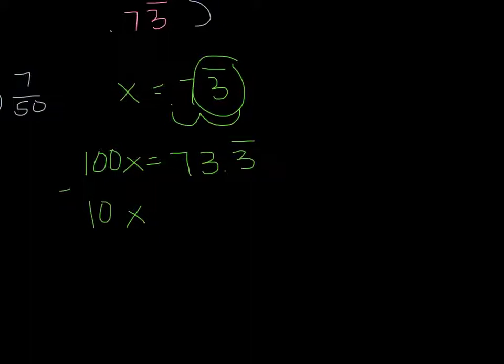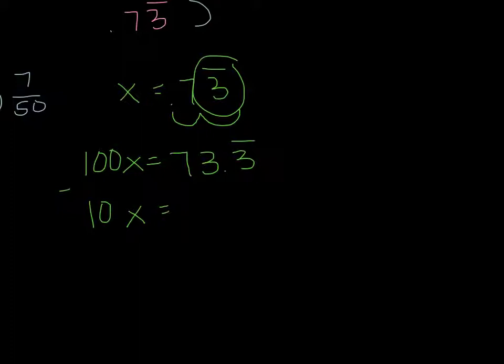If the repeating bar was all the way across, the ones place would be the one that isn't covered, and so it would just be 1x. But since the tenths place, this place right here, is not covered by the repeating bar, then I multiply it by 10 because that's the tenths place.